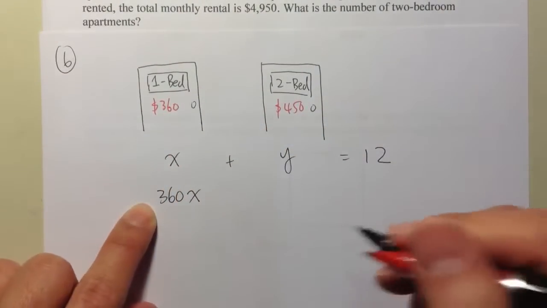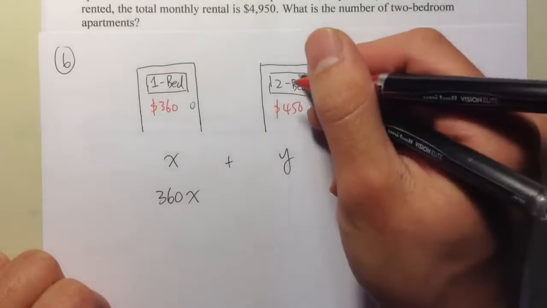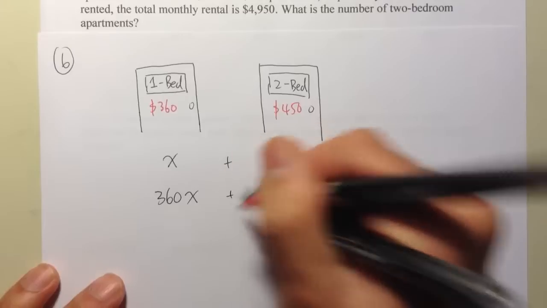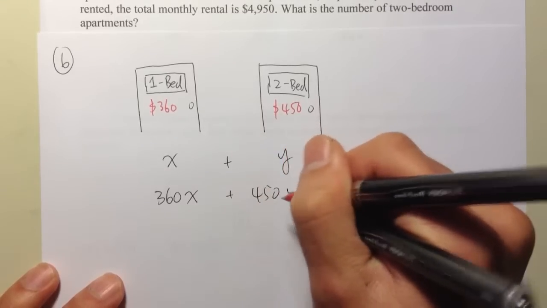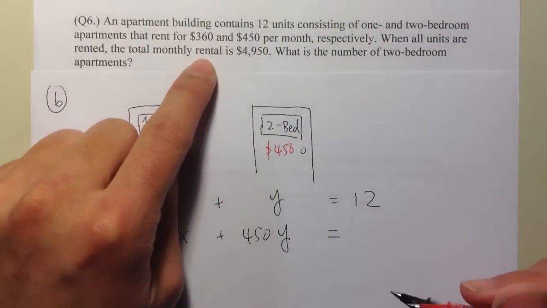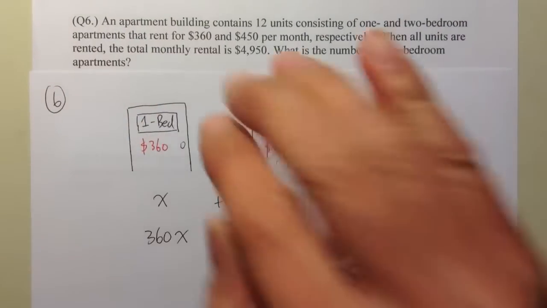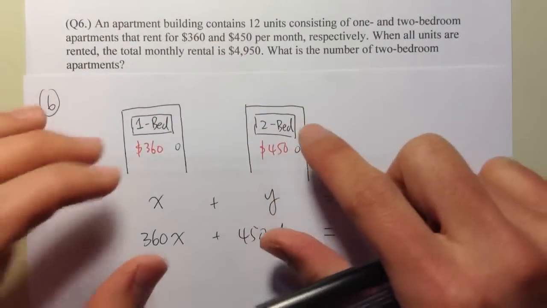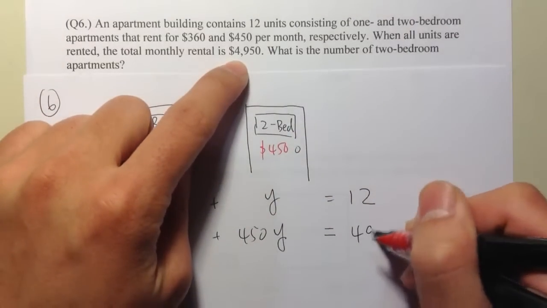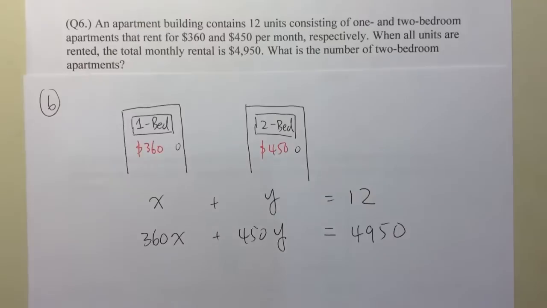So 360x. And then similarly, we can just do 450 times Y. That's equal to the total rental, right? So the amount of money that we can get from all the apartments is 4,950.